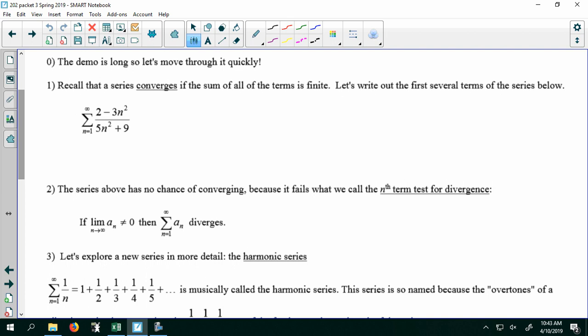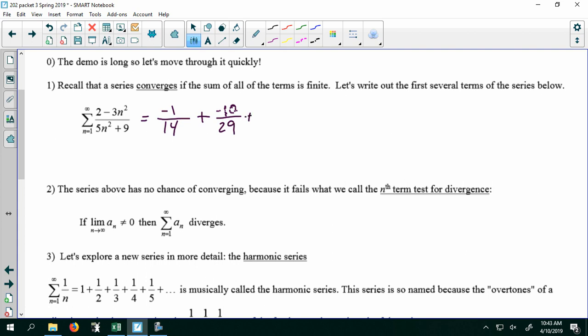And you get 2 minus 3 times 1 squared, so the numerator is -1. And the denominator, you plug in a 1 and you get 5 plus 9, which is 14. -1/14 is the first term. The second term, you plug in n equals 2, and you get -10 over 29.